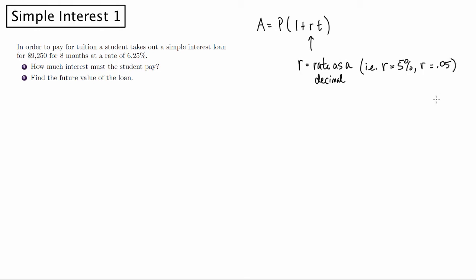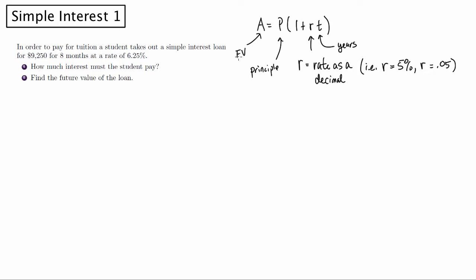So you think of them as being percentages, but in terms of the formula, you're going to enter them as decimals. The time here is always going to be in terms of years for a simple interest problem. And P, of course, is the principal amount, and A is the future value.